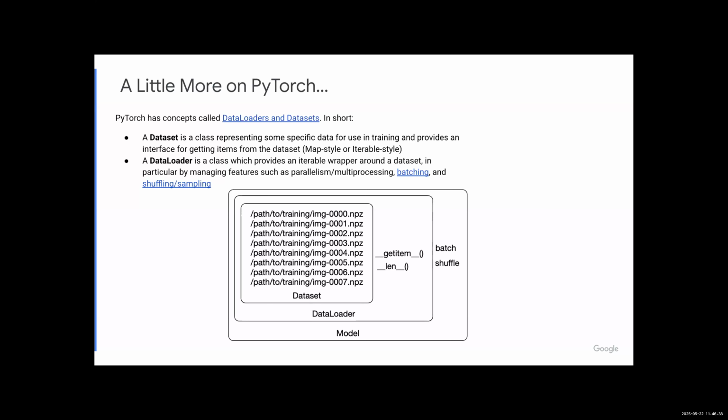So you get concurrent access from a distributed job, it deals with MPI, and you get other fancy things implemented at that level, like batching and shuffling and torchy things, I guess would be the best way to put it. When you instantiate a data loader as part of your model, you provide the data set as an argument to the data loader, and it takes care of providing the data to the model.